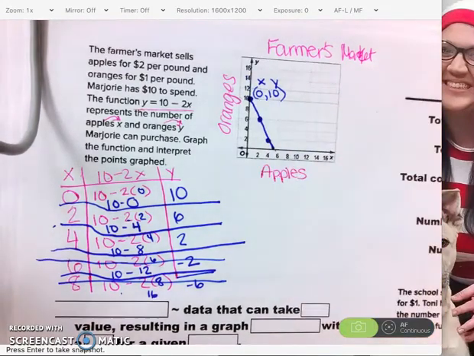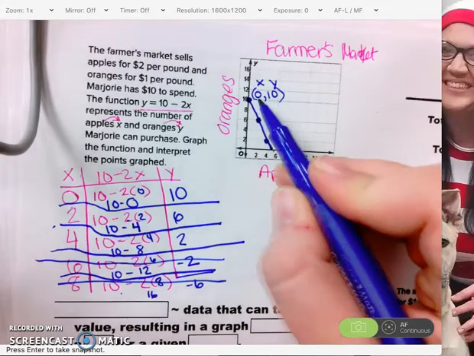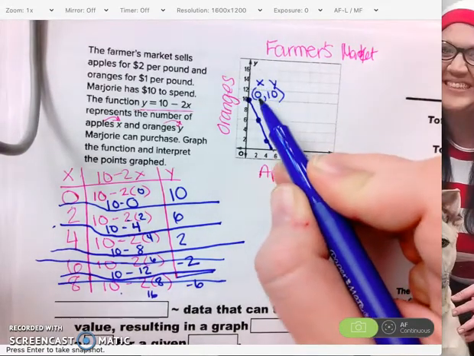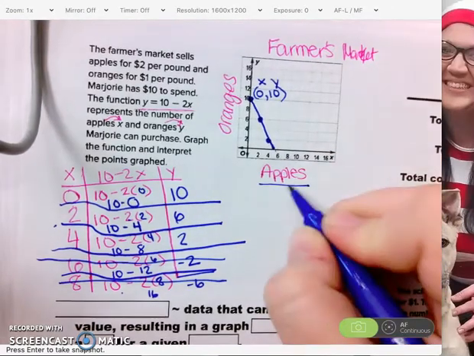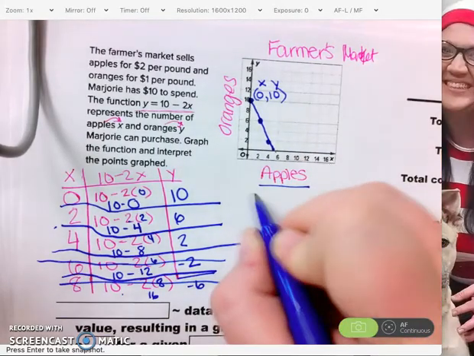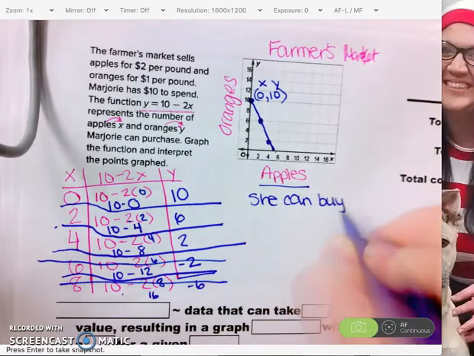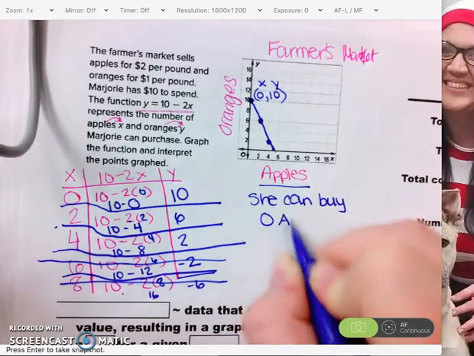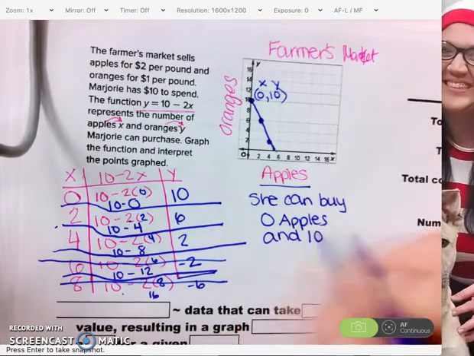Okay, and then if I wanted to interpret this point 0, 10, the x is 0, which means this is my x, right? So apples is 0 and oranges is 10. That means she can buy 0 apples and 10 oranges.